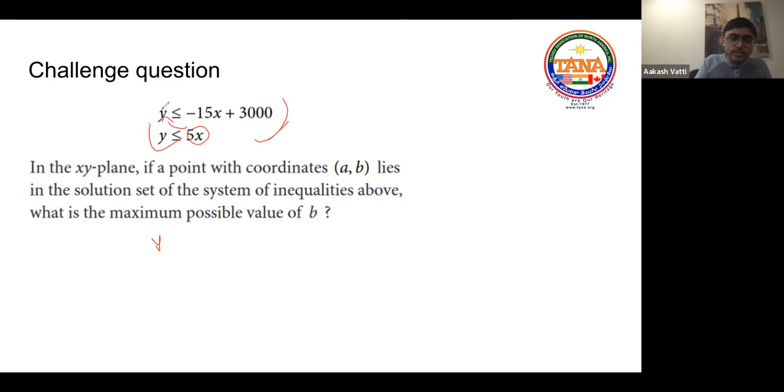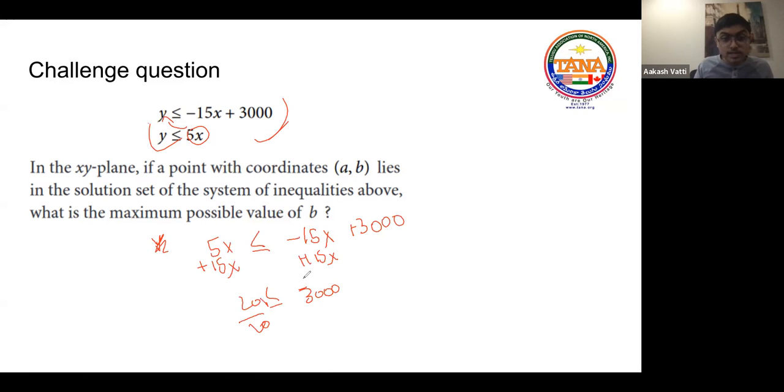You want this to go here because that is its maximum value. So you have 5x is less than or equal to negative 15x plus 3,000. You add 15x. You have 20x less than or equal to 3,000. Divide by 20, and you get x is less than or equal to 750.